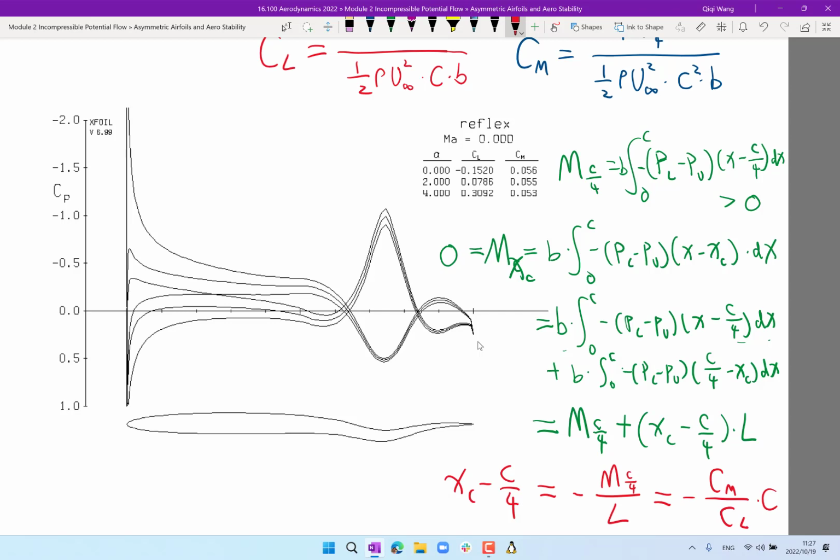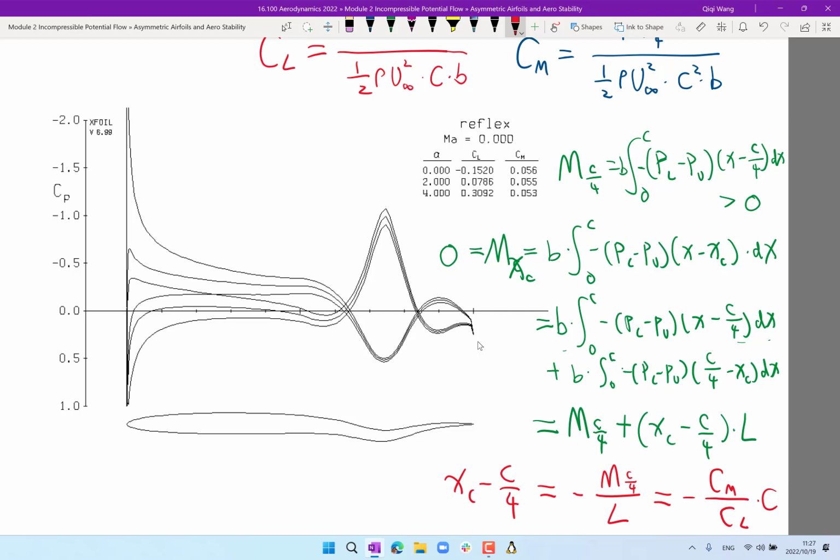So let's say Cl is positive and Cm is also positive. As you increase the angle of attack, you get a bigger denominator. So Cm over Cl is going to be less positive, and Xc minus c over 4 would be less negative.